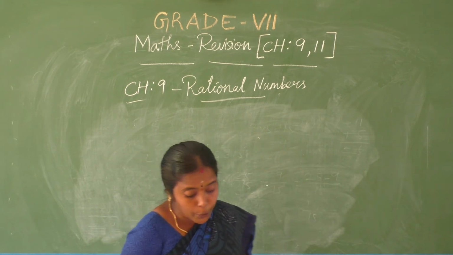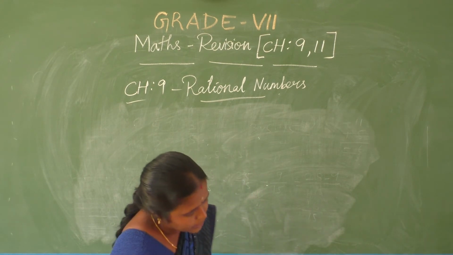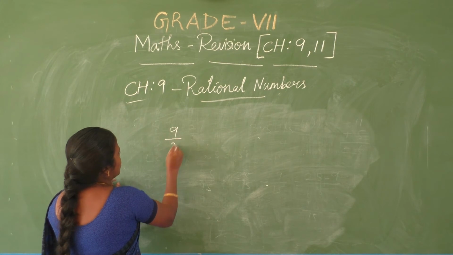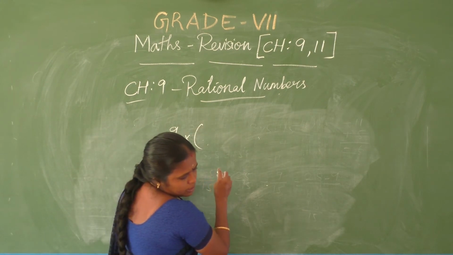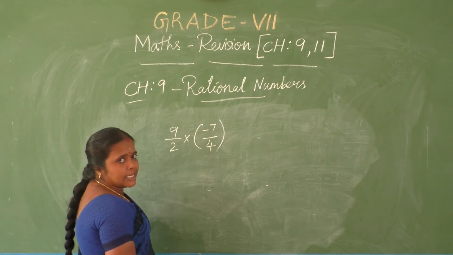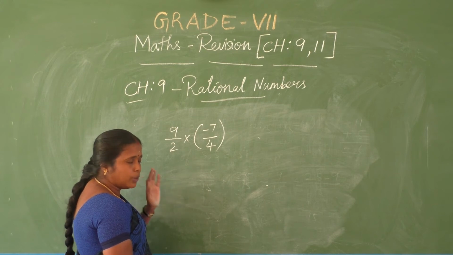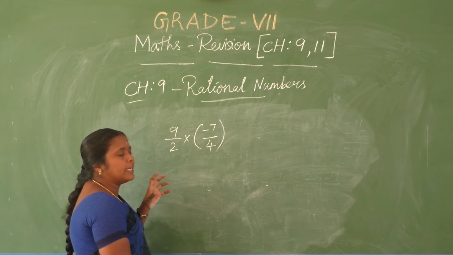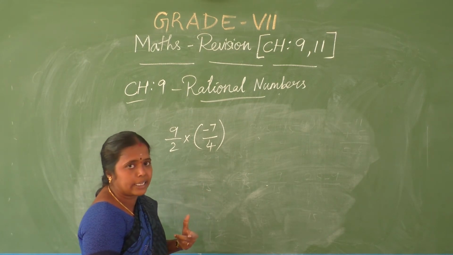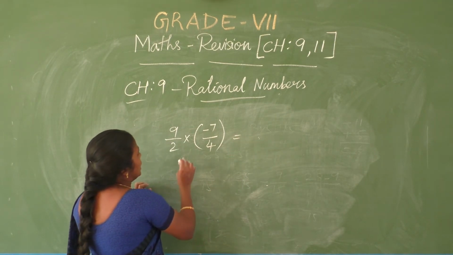Okay, how to multiply the rationals, how to divide the rationals. See, the product of 9 by 2 into minus 7 by 4, the product of two rational numbers. Check, here will you do LCM work? No, don't want. You only have to apply the LCM work in addition and subtraction category, not here. So what to do?